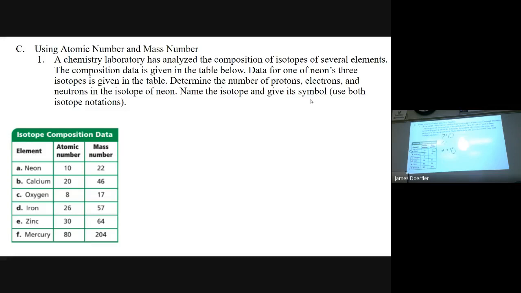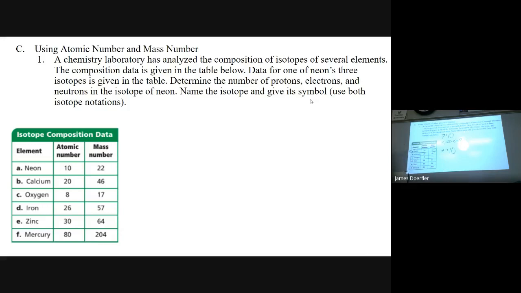Mass number minus the atomic number, which is the proton number. You got that. So we take 22 minus 10, 12. 12 neutrons. Yes. Okay. So we've answered those 3 bits of information.